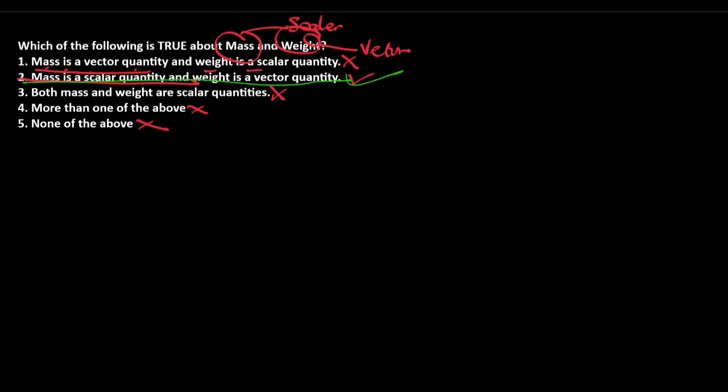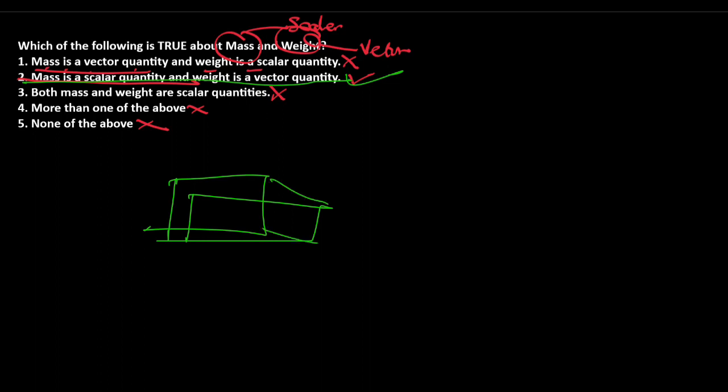Right. So let me discuss a little bit about mass and weight because it will definitely help. You should note that mass is a fundamental measure of the amount of matter in an object. So when we're talking about a box here, there is matter here.